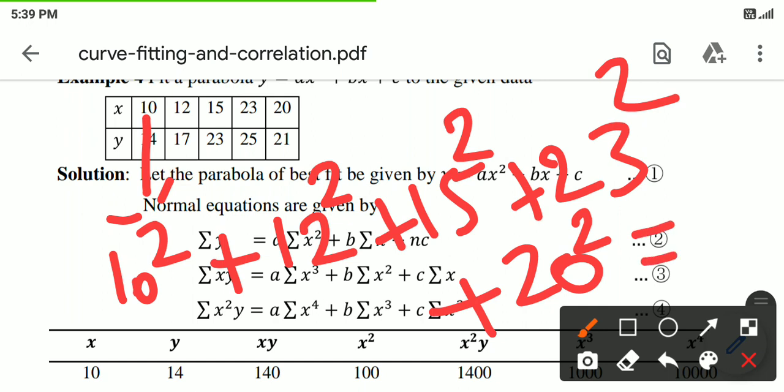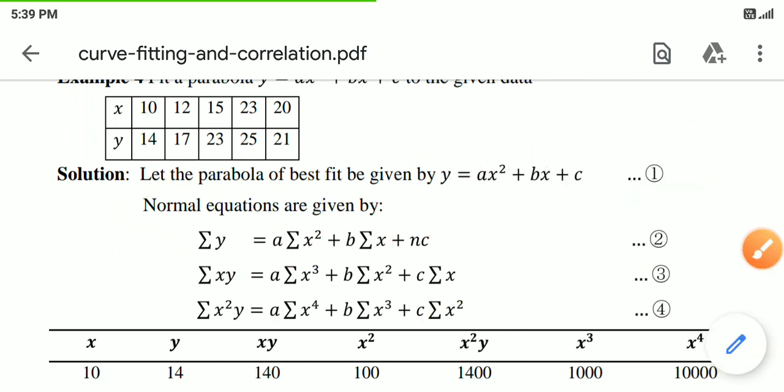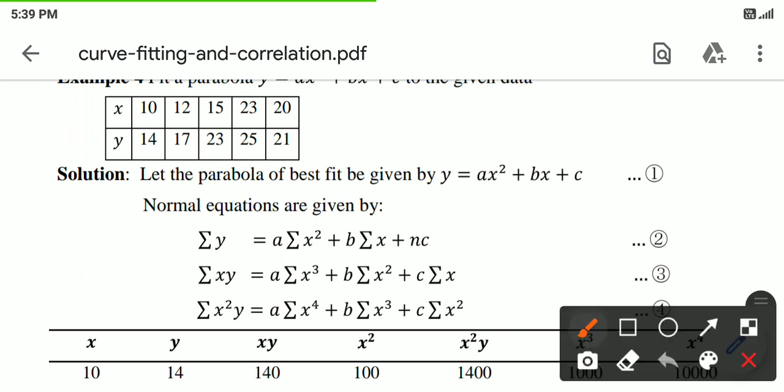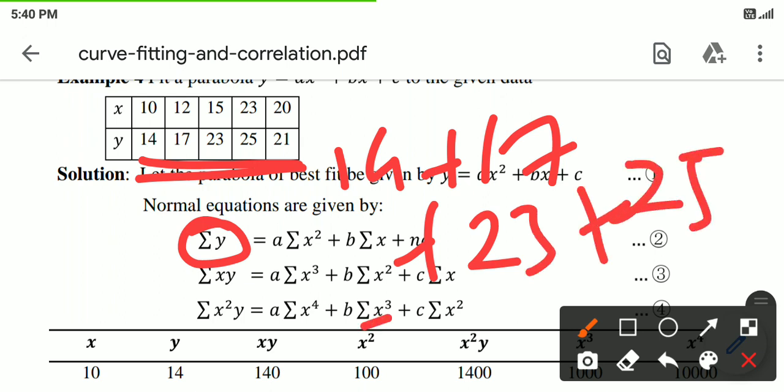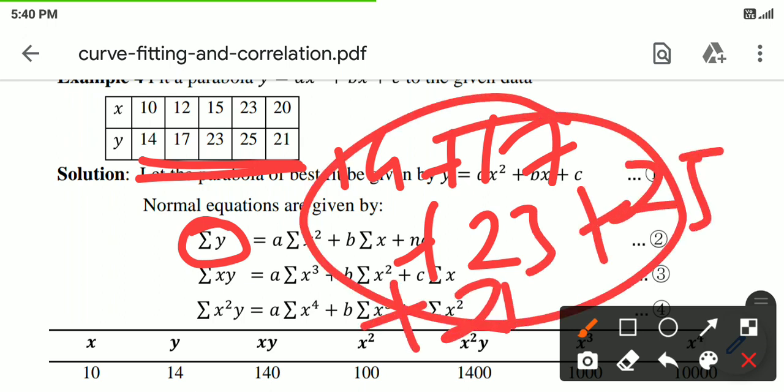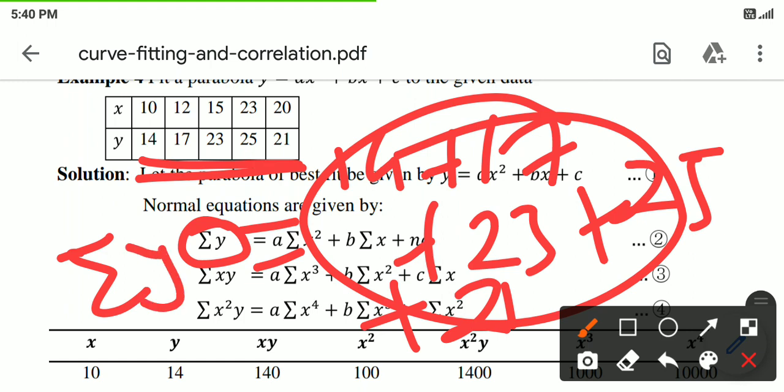This is summation of x square. And summation of y is the sum of each element of y, 14 plus 17 plus 23 plus 25 plus 21.